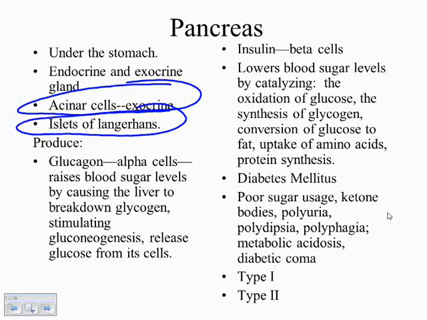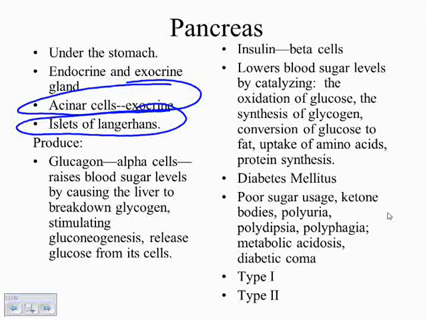Islets means islands. Okay? And Langerhans is the guy who figured out what was going on. So it's the islets, the islands of Langerhans. What's his first name? I don't know. It's been quite a while ago, but I think he was probably a French guy. That's where the name comes from.